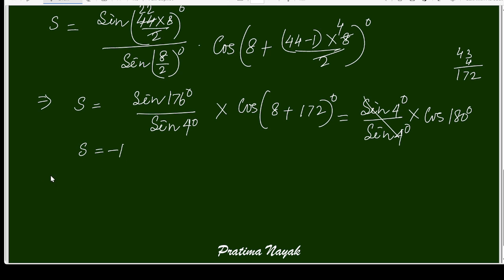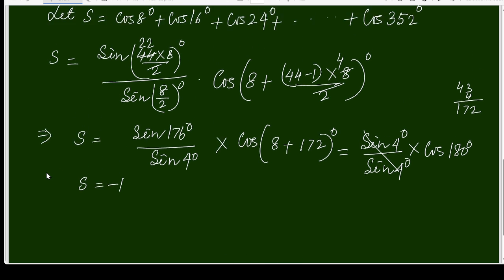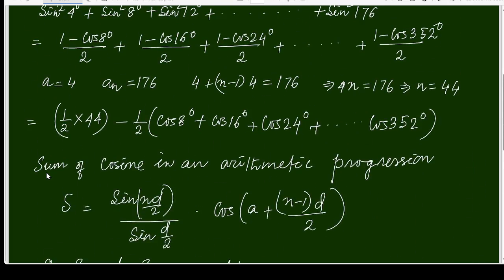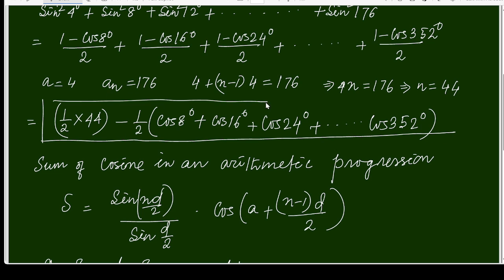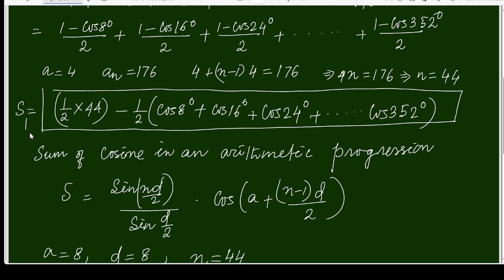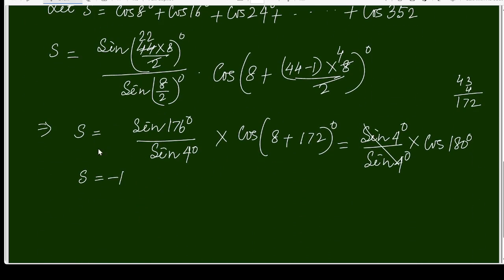Now the whole total sum is equal to, let us go back so that we can see what the total sum equals. It will be 22 minus half into s.